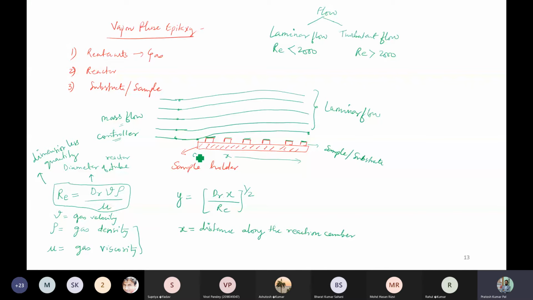Once we go from lower length to higher length, there will be some quality change in the deposition on the surface.